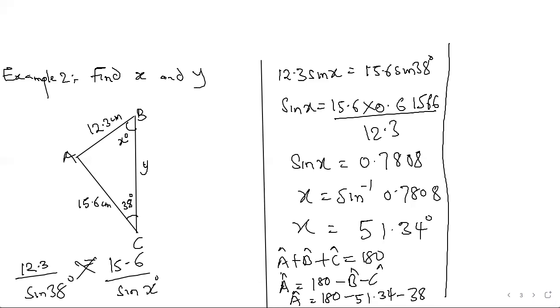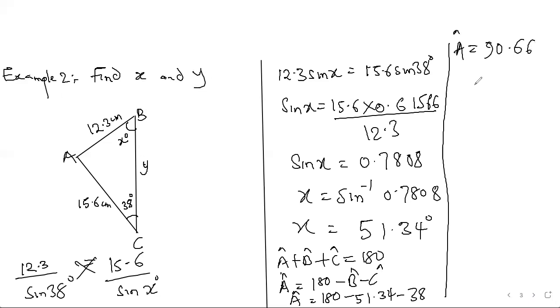So 180 minus 51.34 minus 38. So that will give us 90.66. So A equals 90.66.